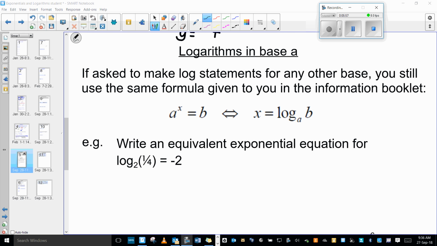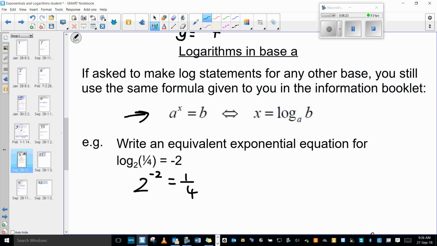Now we've got a different base. The same rules apply. We would use this formula here a lot to interchange them. So if I've got log base 2 of 1/4 equals negative 2, that could be written as 2 to the power of negative 2 equals 1/4.